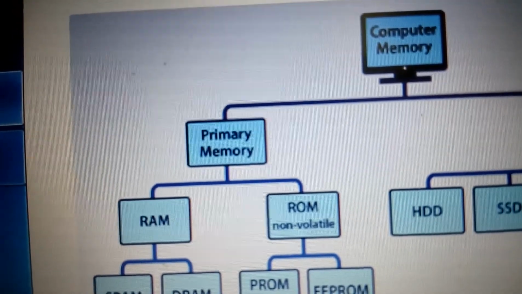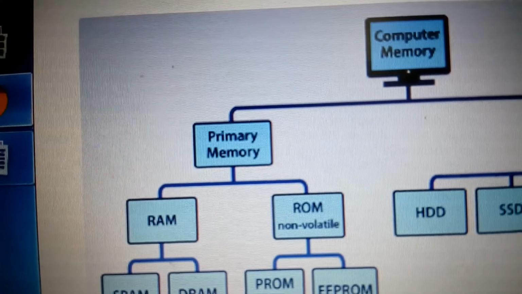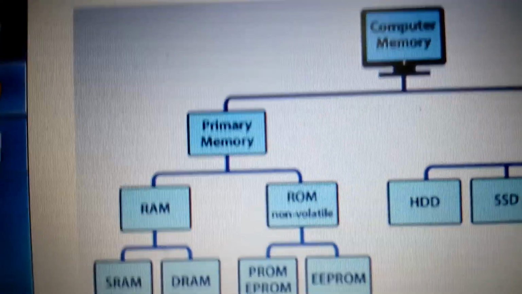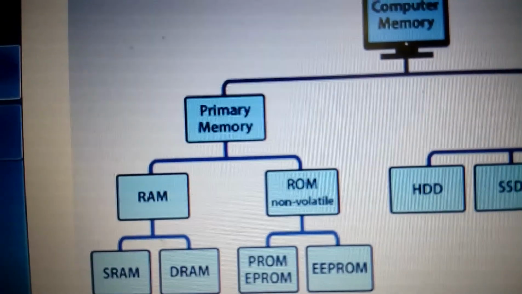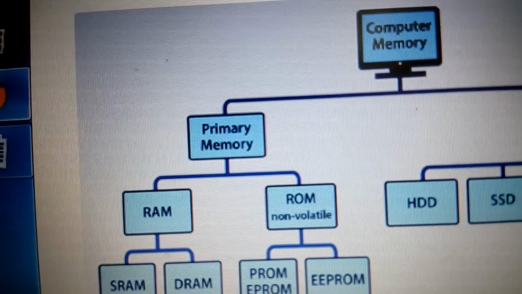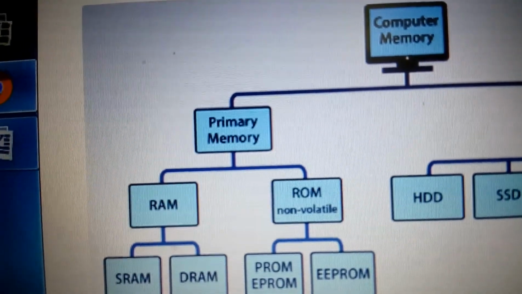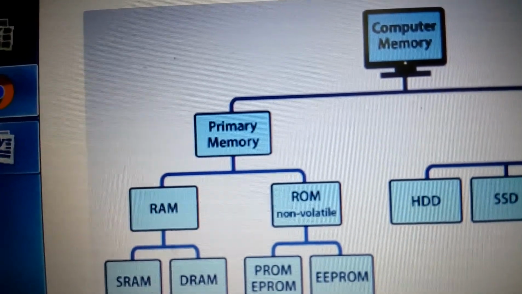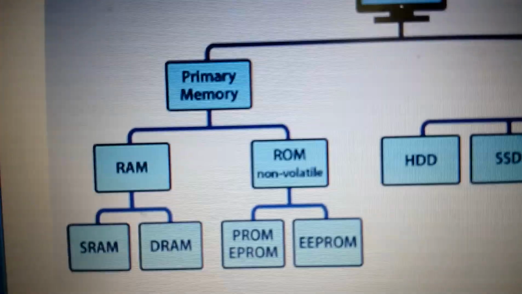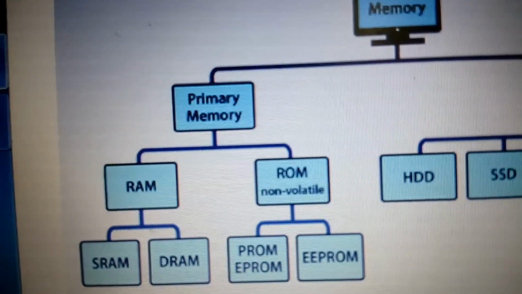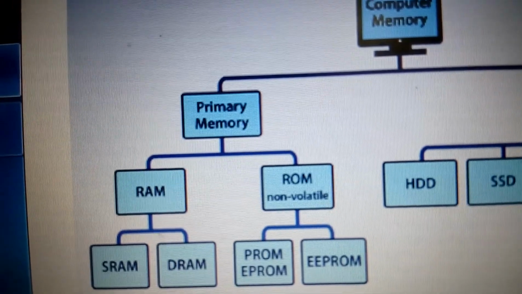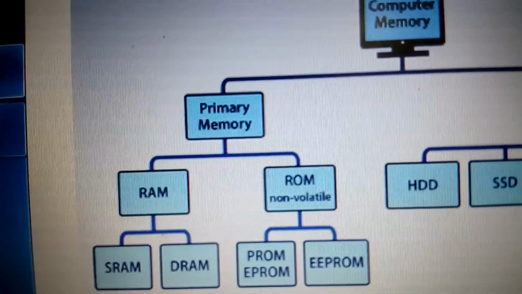Some important variations of ROM chips are PROM, EPROM, and EEPROM. PROM is programmable read-only memory, EPROM is erasable programmable read-only memory, and EEPROM is electrically erasable programmable read-only memory.